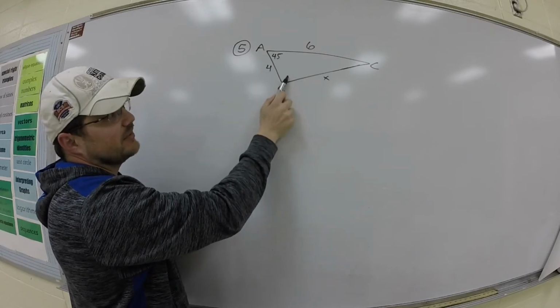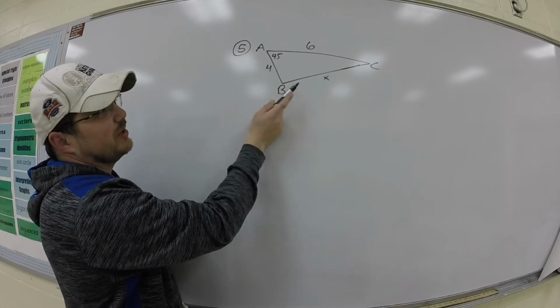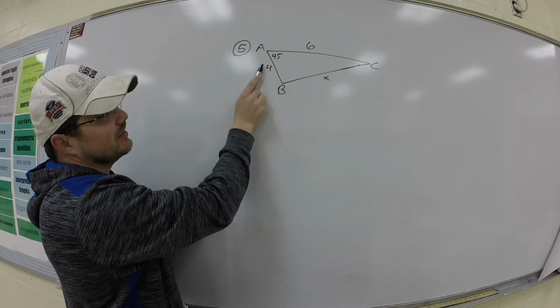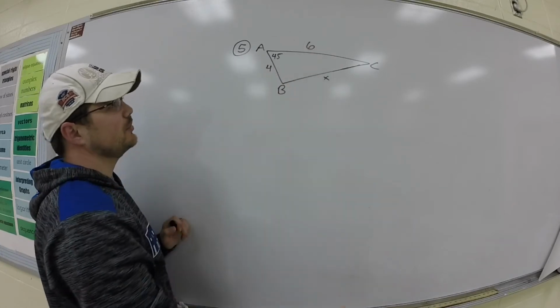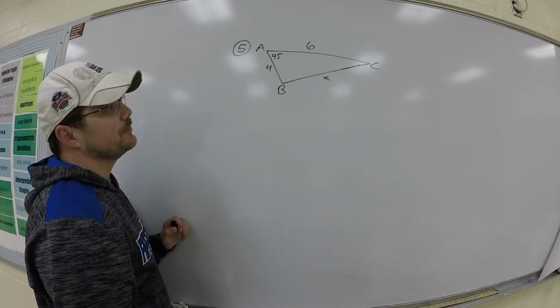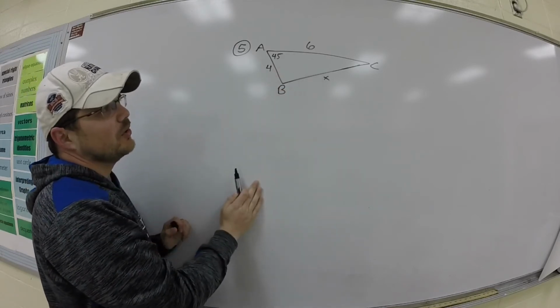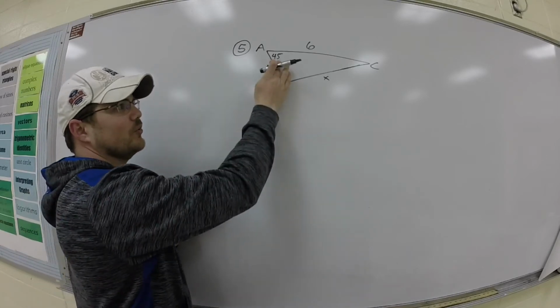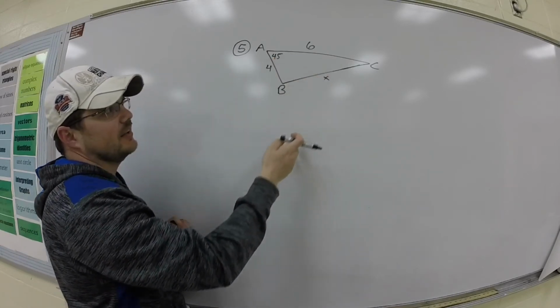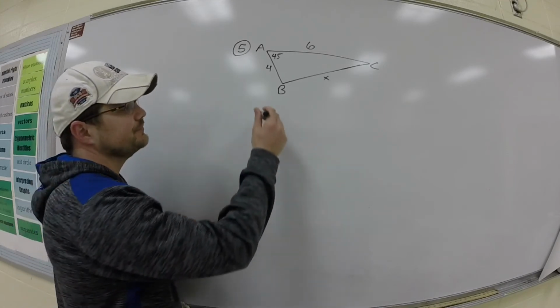I don't know if this is a 90 or not. This could be a special right triangle. If it is, if this is 4, then that's 4, then this would be 4 root 2, so it's not a special right triangle. And it's not a triple. This is not a triple. And so what we're going to use is law of cosines. If you don't have an angle with a side across from it, then you're going to use law of cosines to solve it.